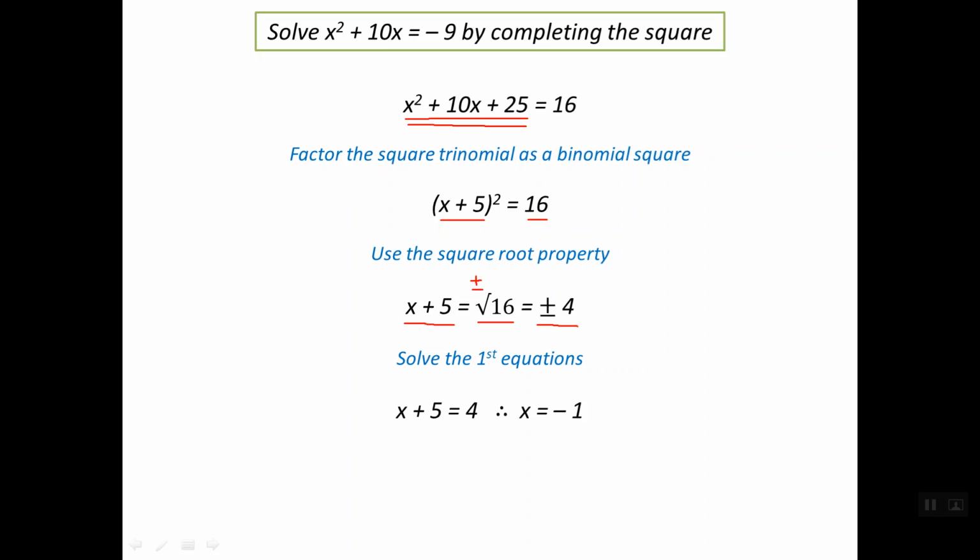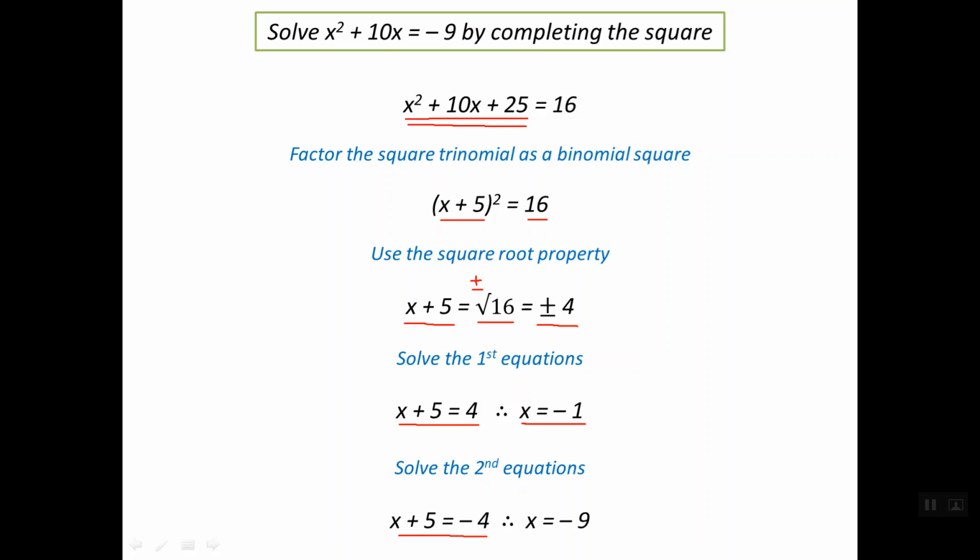For the first equation, x plus 5 equals plus 4. If you add minus 5 to both sides, we get the solution for x to be minus 1. So this is the first solution for x, minus 1. The same way we can solve the second equation. The second equation is x plus 5 equals minus 4.